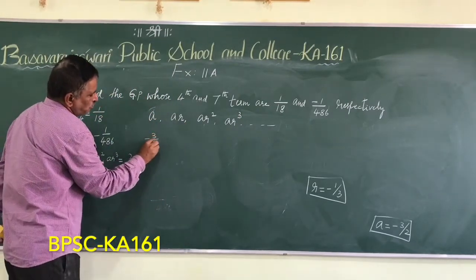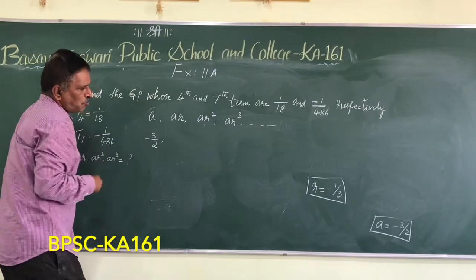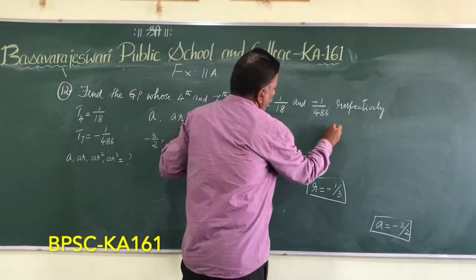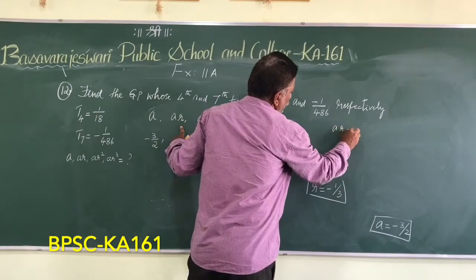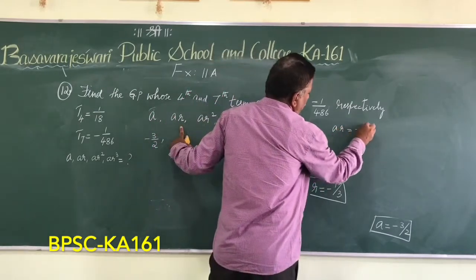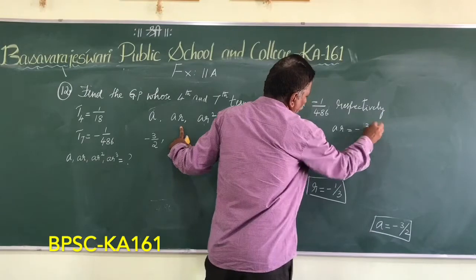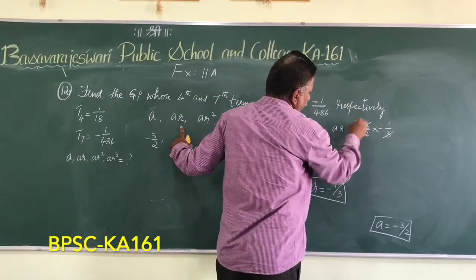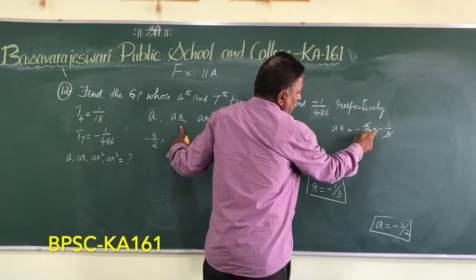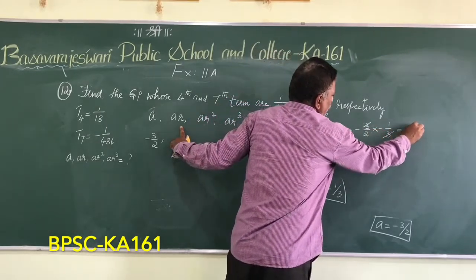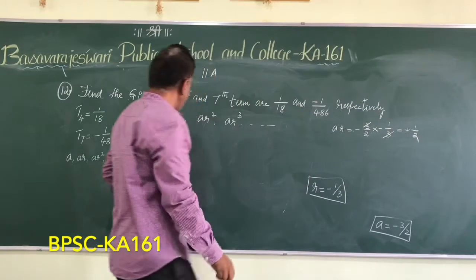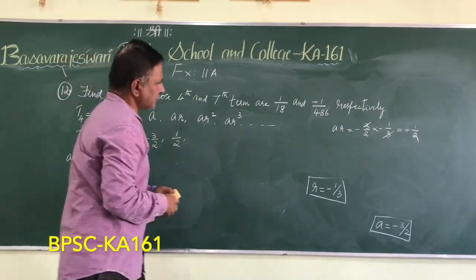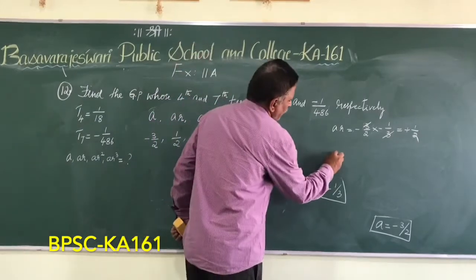Minus 3 by 2. What is A into R? A is minus 3 by 2 into R, minus 1 by 3. So 3 and 3 will get cancelled. Negative into negative will become positive. Plus 1 by 2. The second term will be 1 by 2.